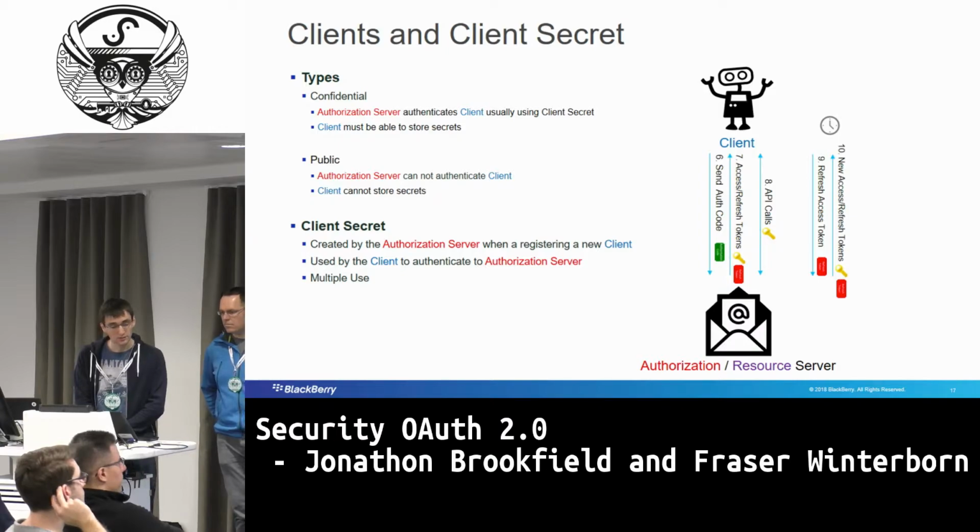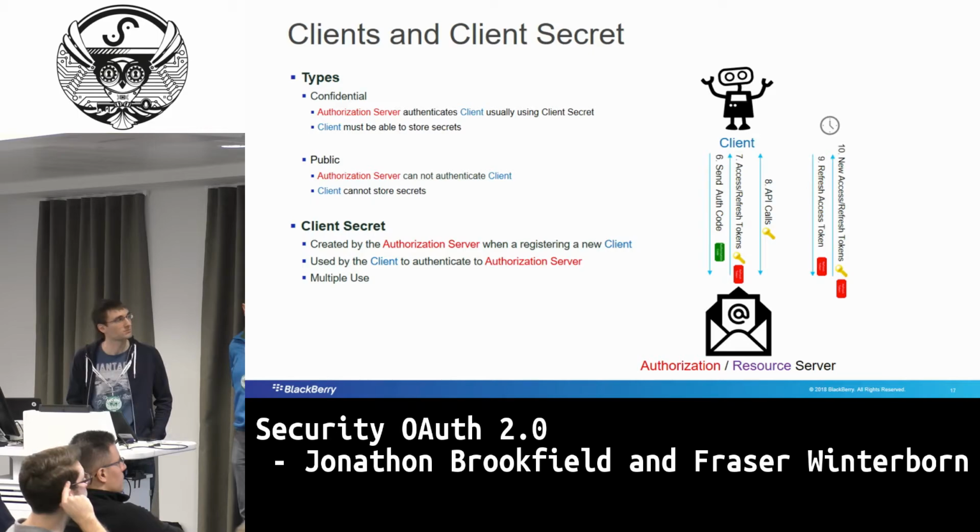So the client secret is something that's created at registration time. So once the developer develops their client, they go to the service provider, the authorization server, and sign up their client. They create a secret, which is then used multiple times, possibly for the lifetime of the client, to do this authentication.